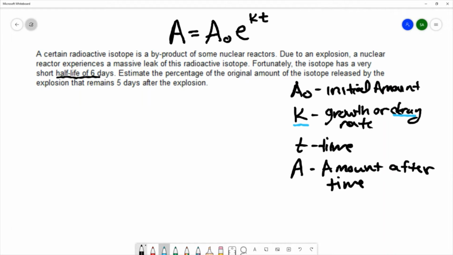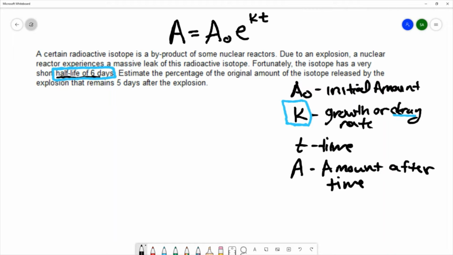So with this piece of information, given that the half-life is 6 days, is enough information that I'm going to be able to calculate the decay rate for this model, for this radioactive isotope.